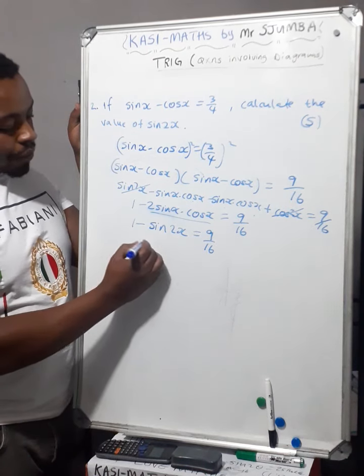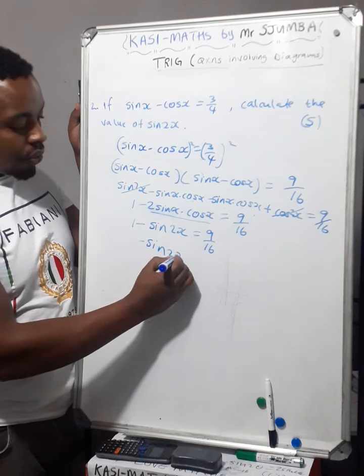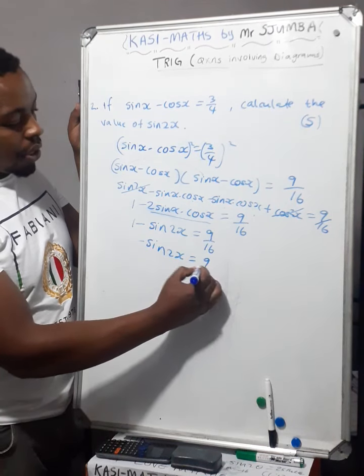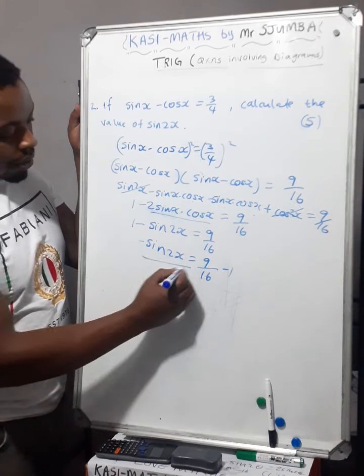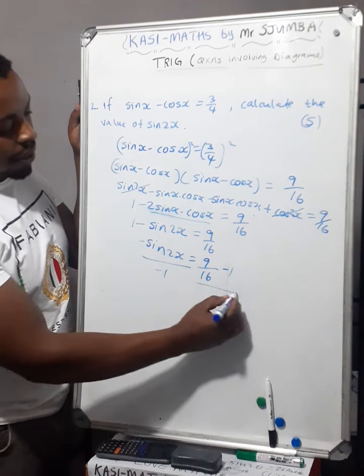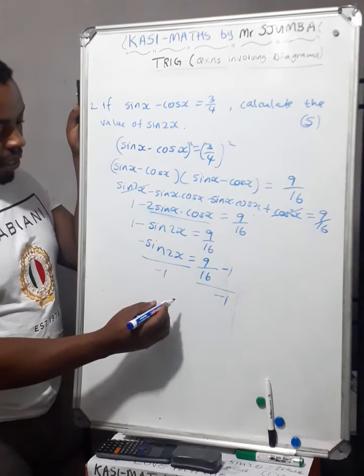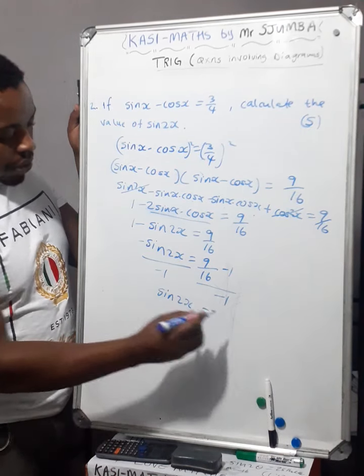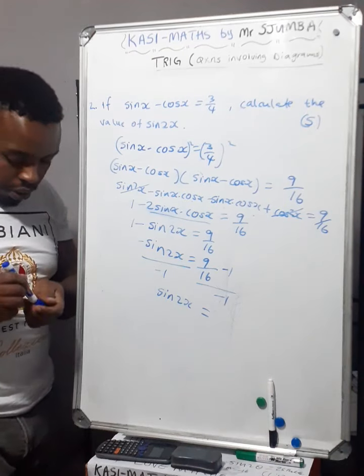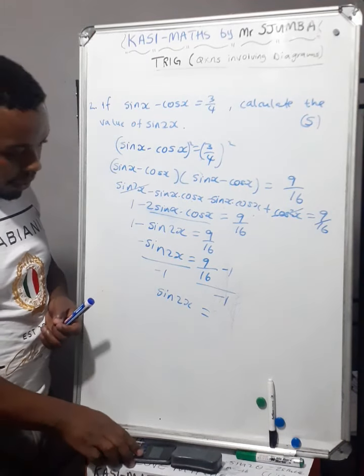Or let me just say sine 2x equals to 9 over 16 minus 1. Then we divide by minus, bese siba nobani no sine 2x, which will equals to leyo number leyo.